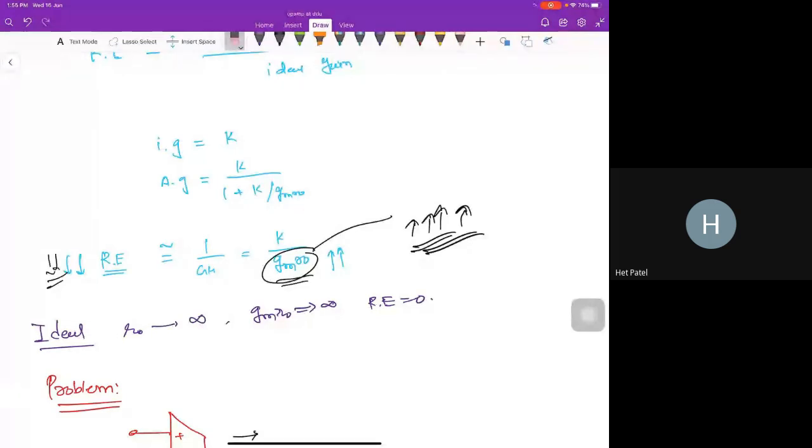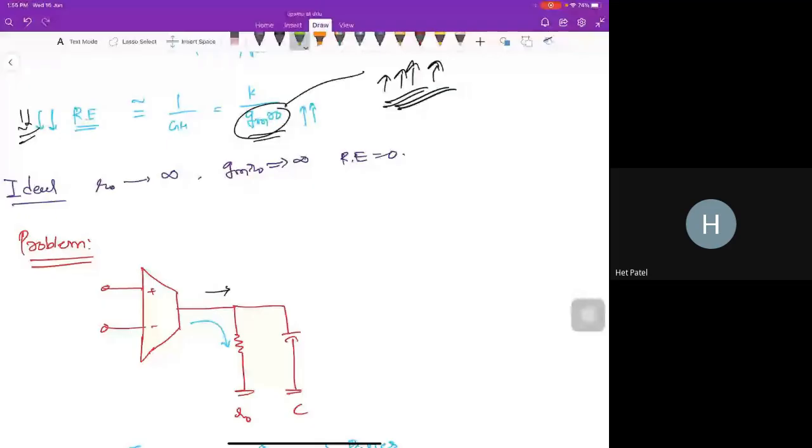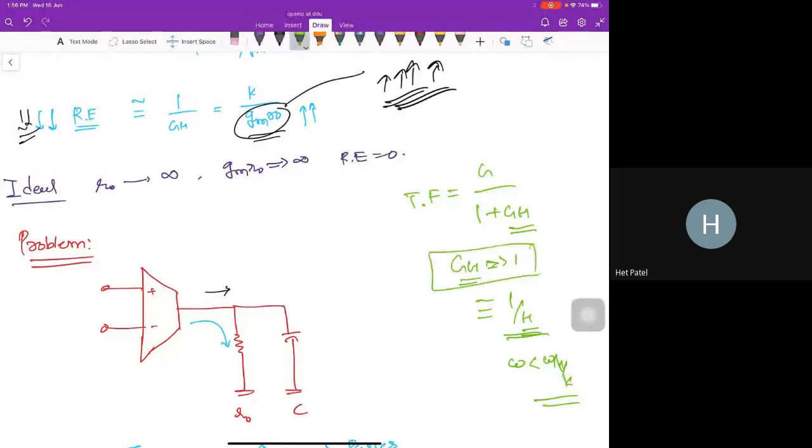The second thing is, you have already seen how the negative feedback works: the transfer function is G divided by 1 plus GH. I want GH to be very large, much greater than 1, so I can approximate this as 1 by H. And we already saw the condition on omega u, less than omega u by K. That means I need GH greater than 1, and since H is already 1, I need gain greater than 1.